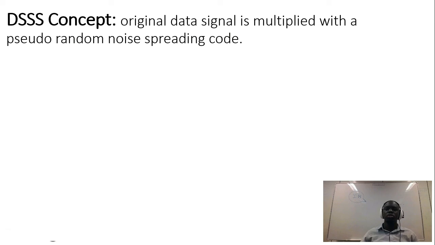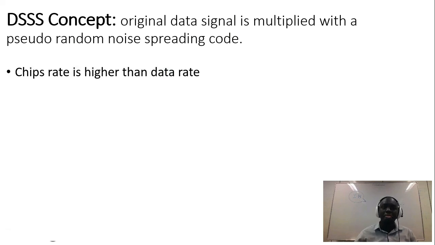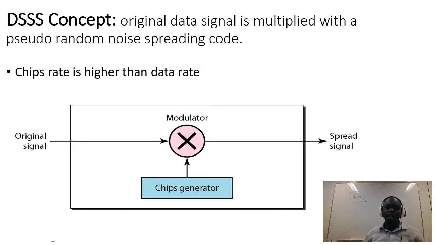What this means is that you assign a secret code to each data signal that you want to send, and then you use that spreading code to modulate the signal, and you get a bigger signal that has a higher chip rate than the data rate.